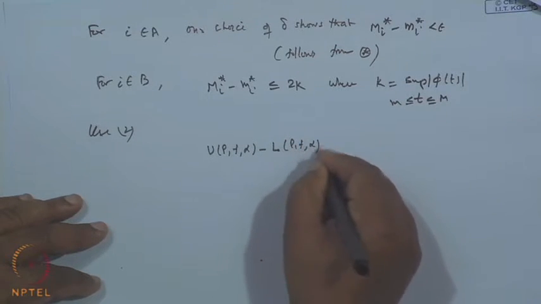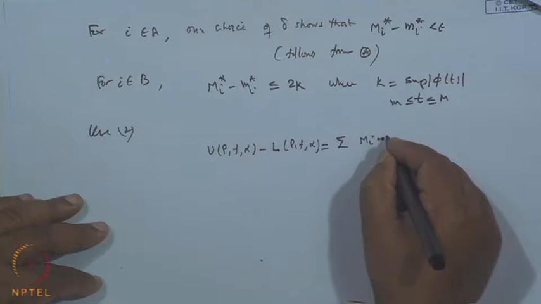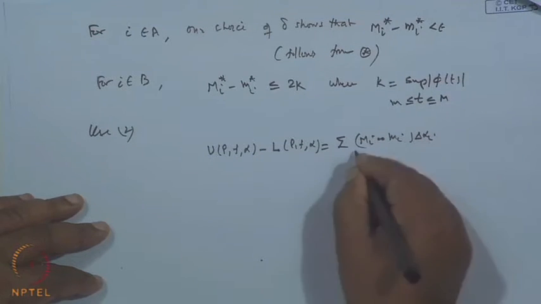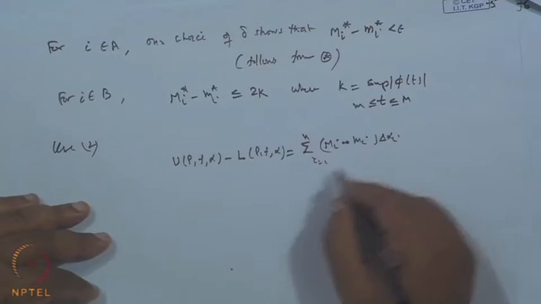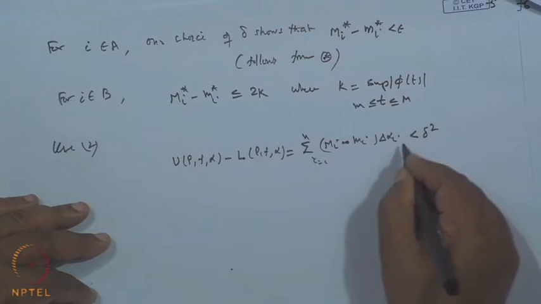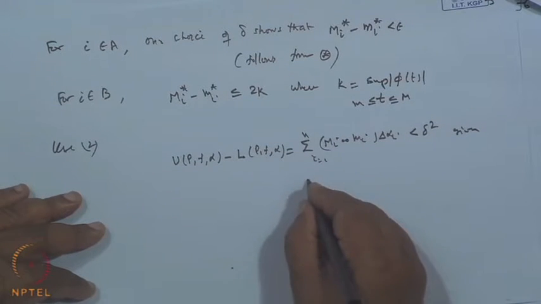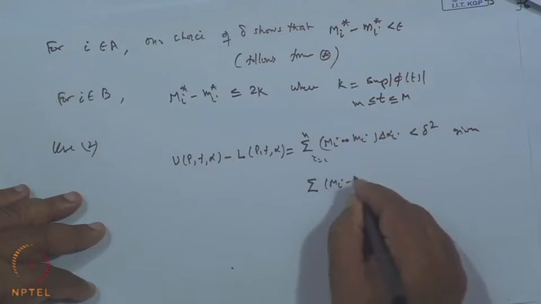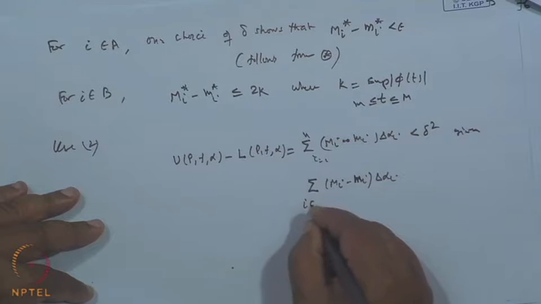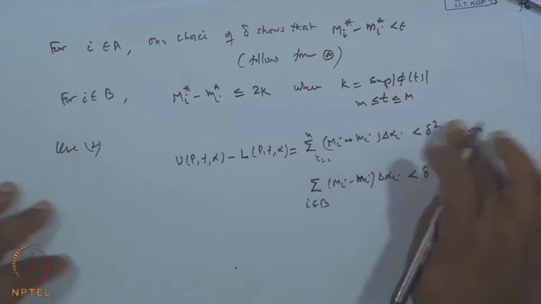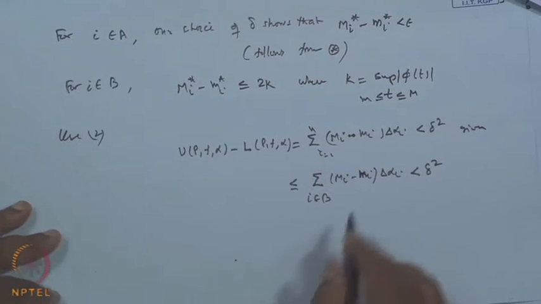Then U(P, f, alpha) minus L(P, f, alpha) is the sum of (M_i minus small m_i) delta alpha_i, i from 1 to n, and this is given to be less than delta square. Now if I take the sum only over the set B, then obviously it will remain less than delta square, because this sum is smaller than the full sum.